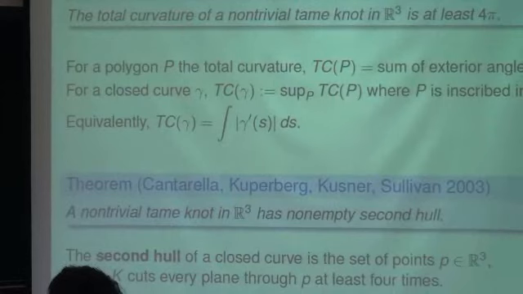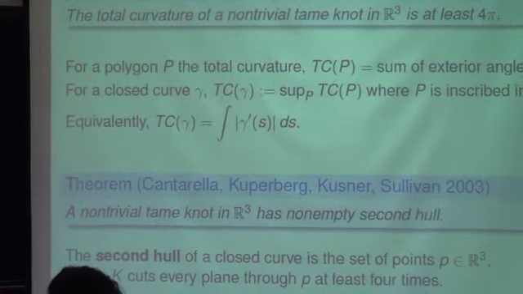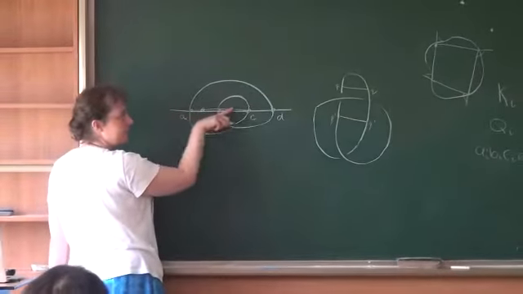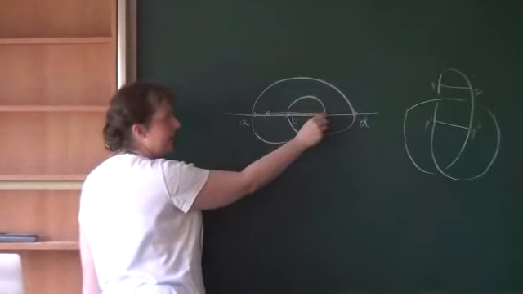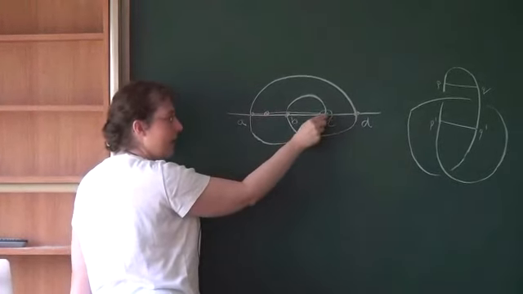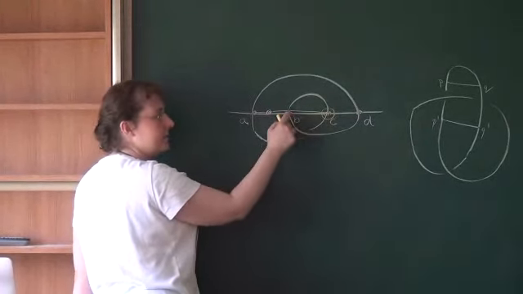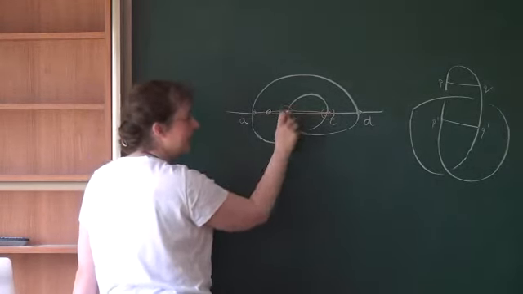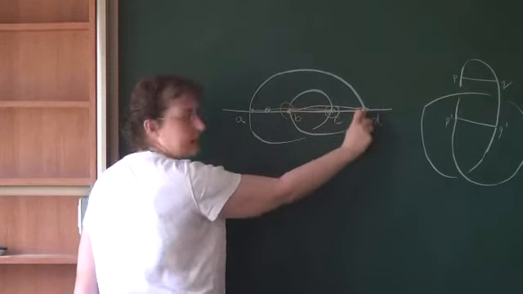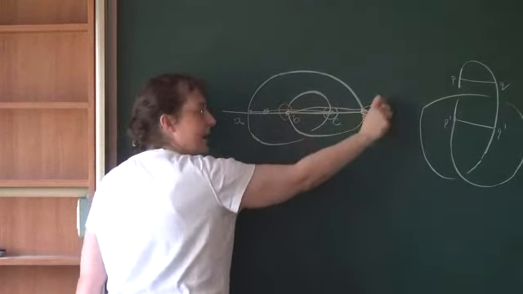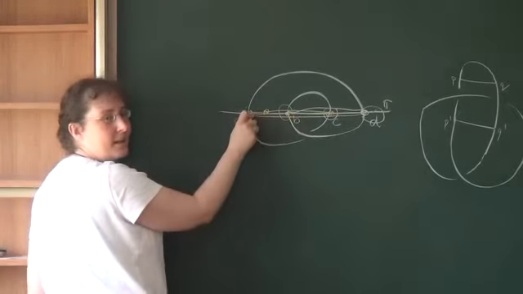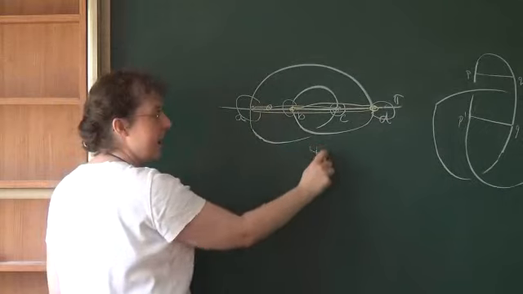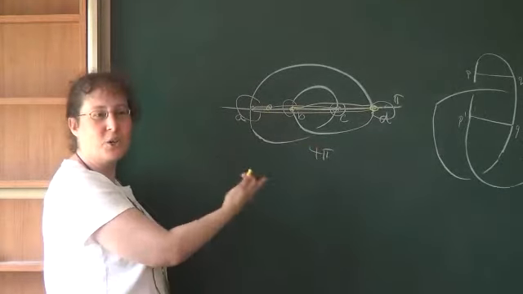So if I think about starting here, I walk from A to C, and then I turn around pi and walk from C to B. And then I turn around pi and I walk from B to D. Then I turn around pi and I come all the way back to A. I turn around pi and I'm back, right? So that's 4 pi. It's very, very cute.